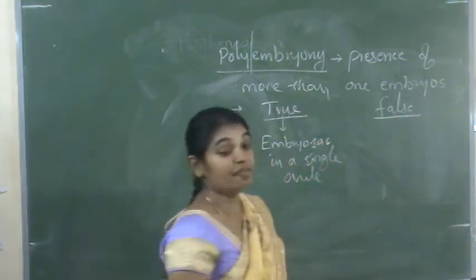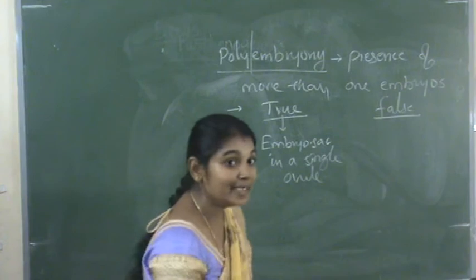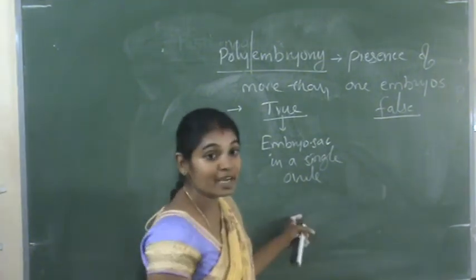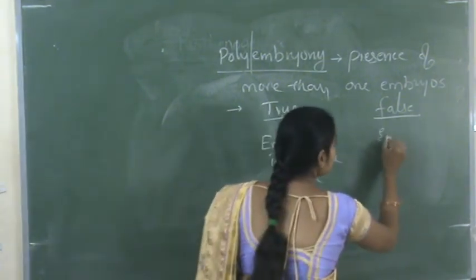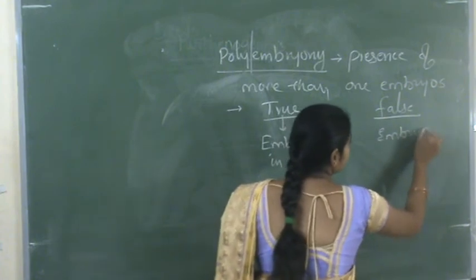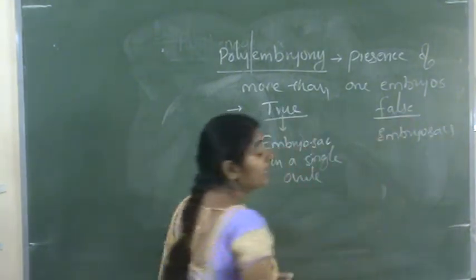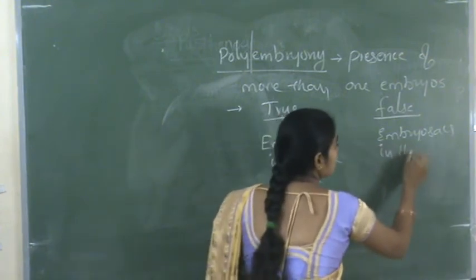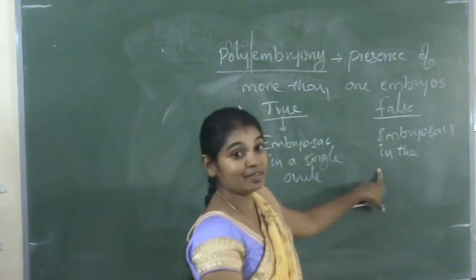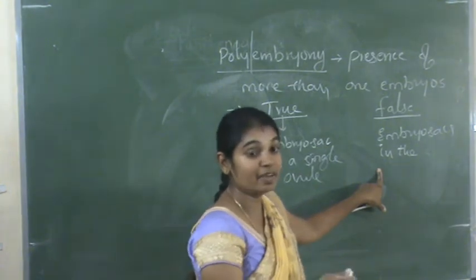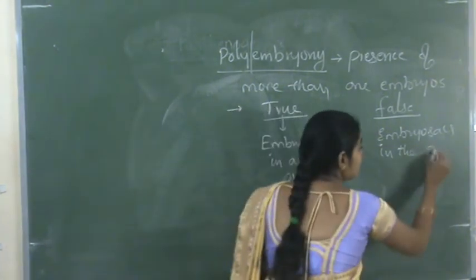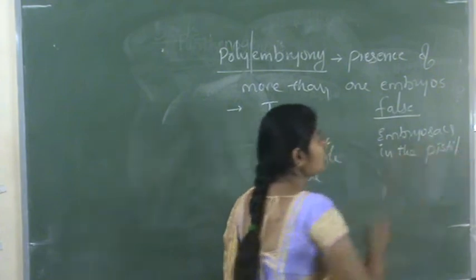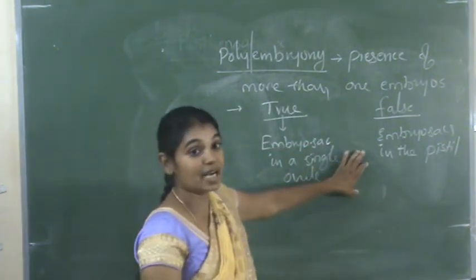And another one is false polyembryony. It is the presence of more than one embryo sac other than in a single ovule, that means in the entire pistil.